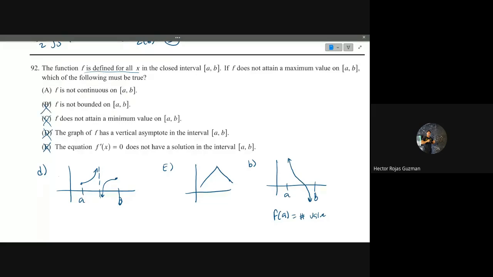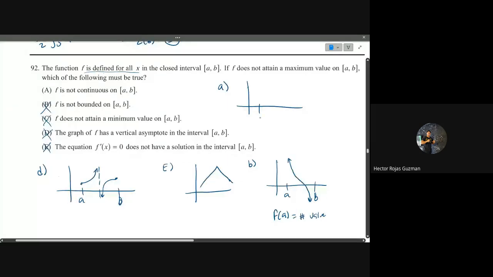f is not continuous. That would be the only option that I can think of that makes sense. If you go from a to b, you can have an open circle, and then a closed circle right below it, and let's say another point right here. Just going to make it simple like that.